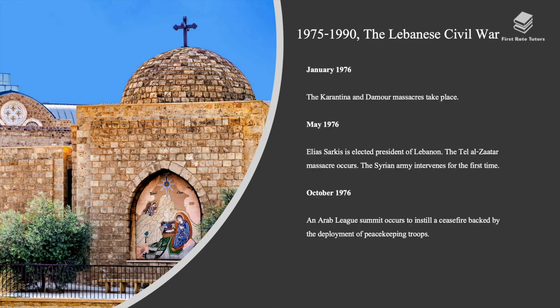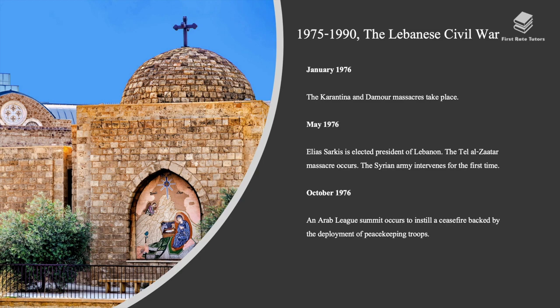In January 1976, the Karantina and Damour massacres take place. In May 1976, Elias Sarkis is elected president of Lebanon. The Tel al-Zaatar massacre occurs. The Syrian army intervenes for the first time.